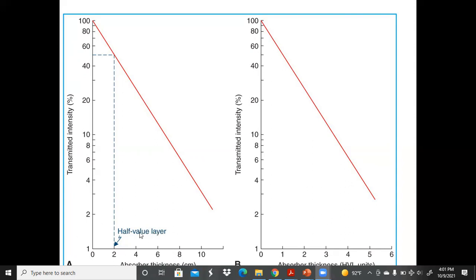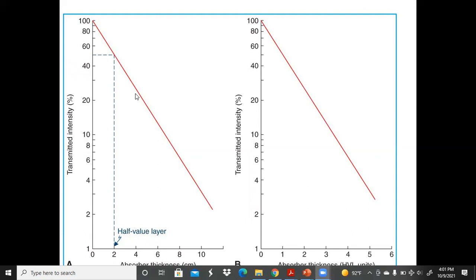So rather than write this down as a thickness of a particular material, we can instead write this as some sort of half value unit, where we can see that things are being cut in half. And if you expect to see the beam being cut in half right here, what would you expect to see here?